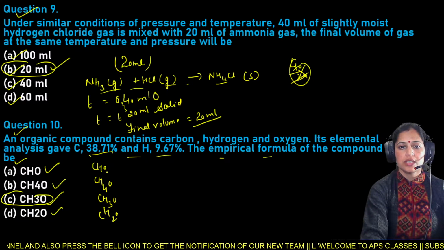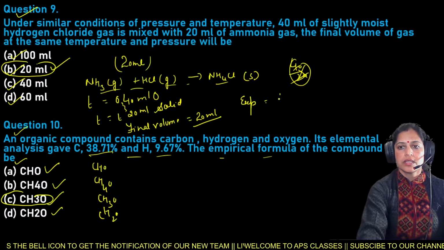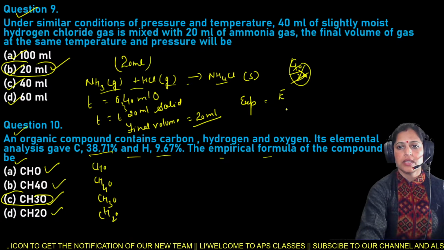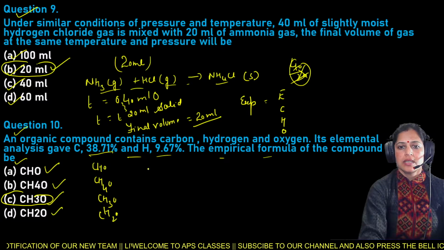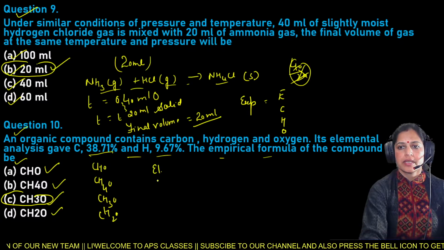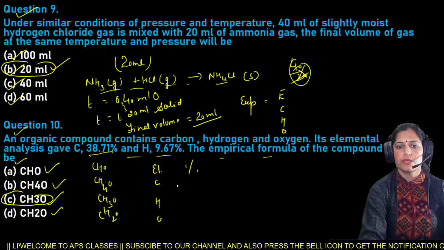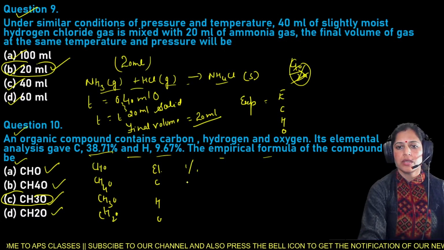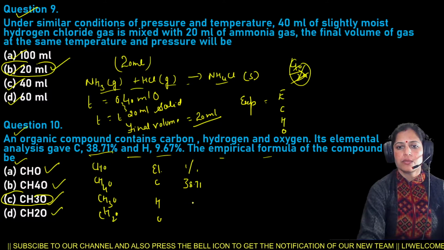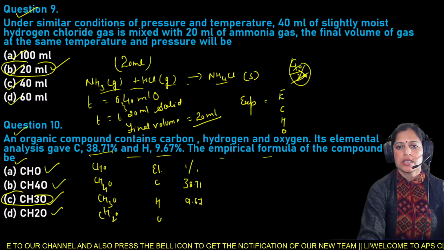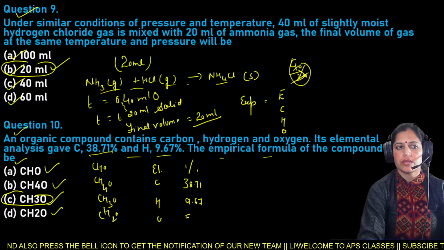And here is the explanation. First, the elements: there are 3, that is carbon, hydrogen and oxygen. After that, the percentage composition. The percentage composition of carbon is 38.71, of hydrogen is 9.67, and of oxygen is 51.62.